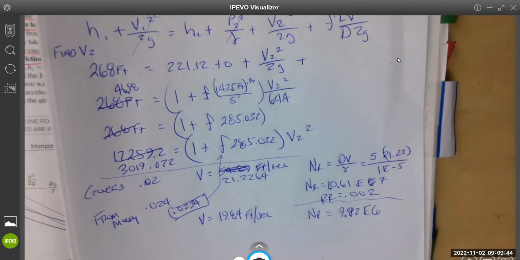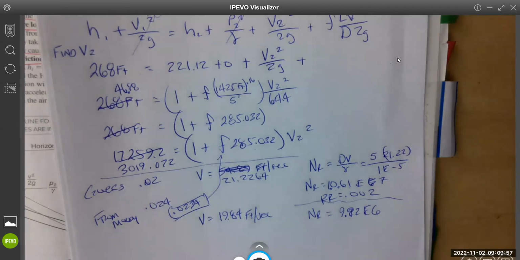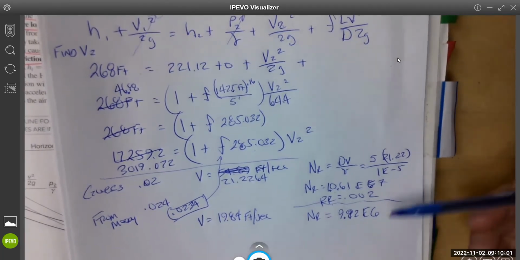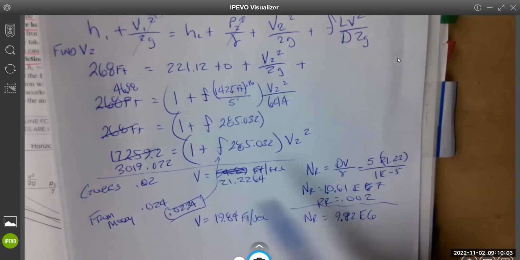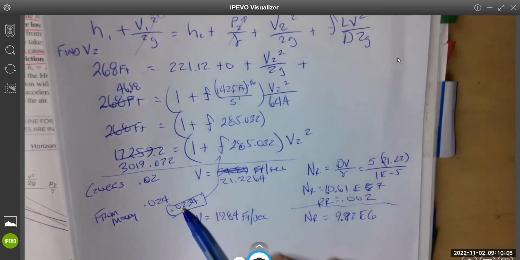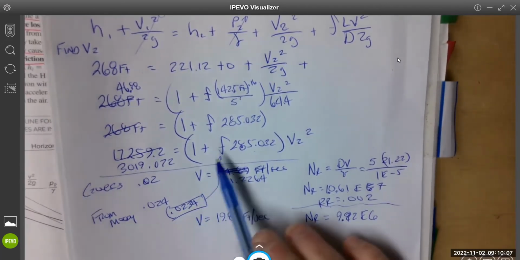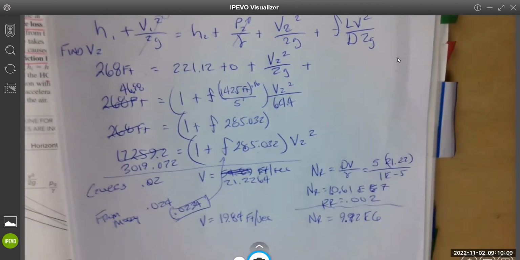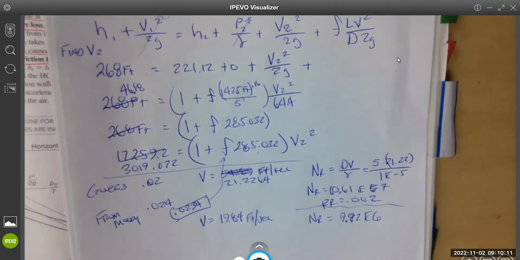We went back to the table and it gave us the same friction factor. So the Reynolds number from our new velocity is 9.92 e to the 6. We use the same relative roughness, plug it into our online calculator, and it gives us the same 0.0234 friction factor.